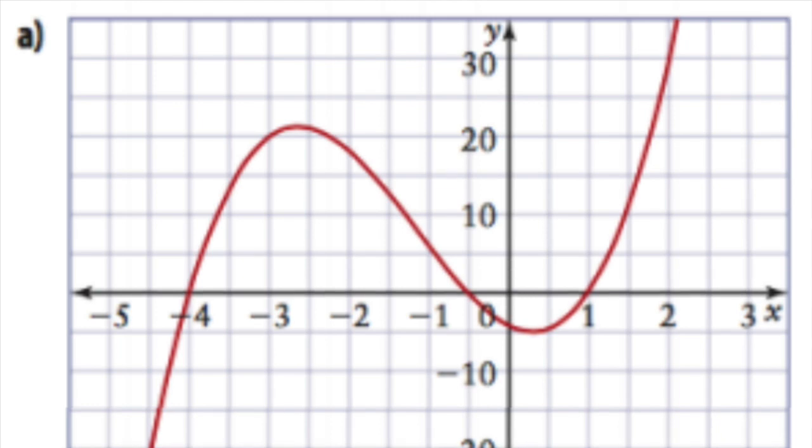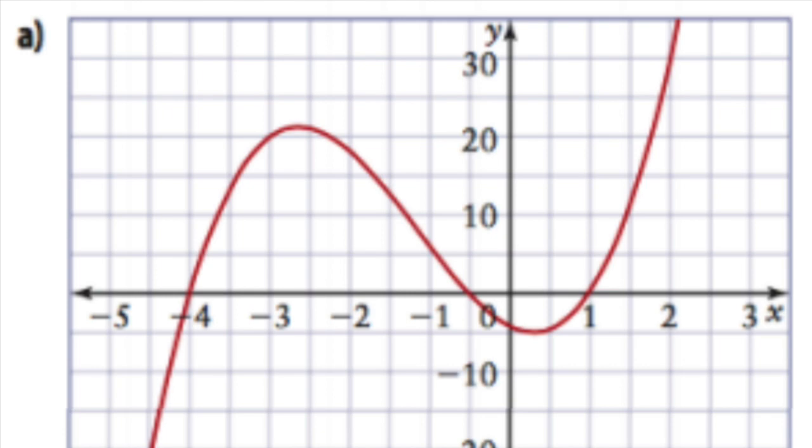For example, the first positive interval is when x is greater than -4 and less than -0.5. You can tell because the function is above the x-axis, meaning that it is positive.